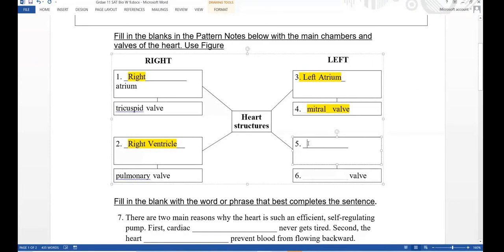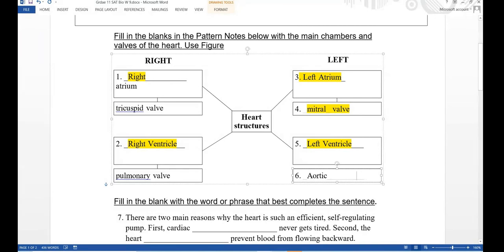Now which ventricle is it? Number 5? It is the left ventricle, right? Left ventricle, and which valve is present here? Aortic valve.